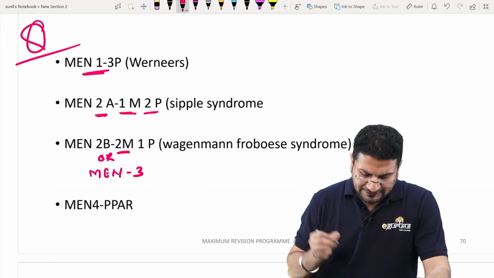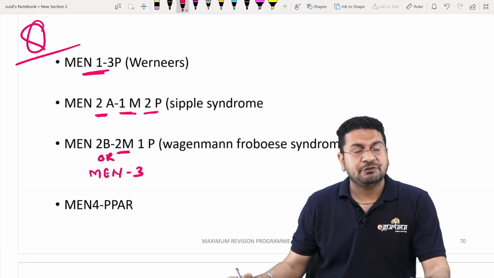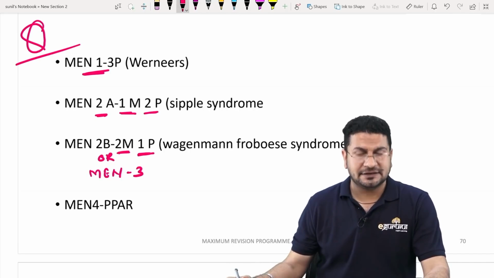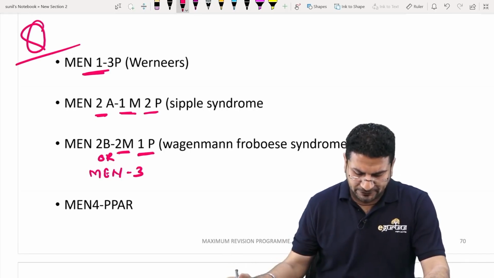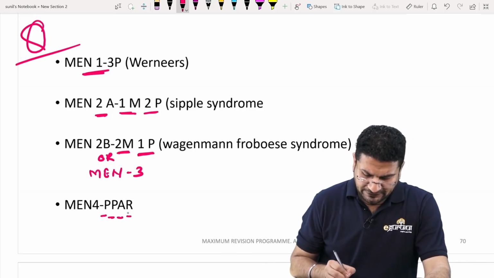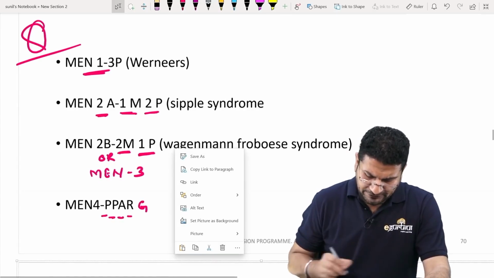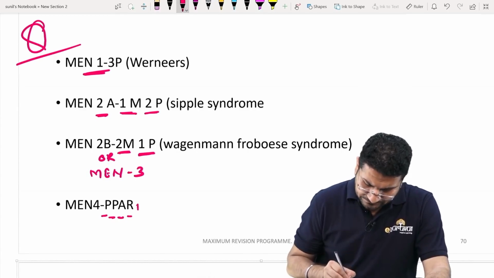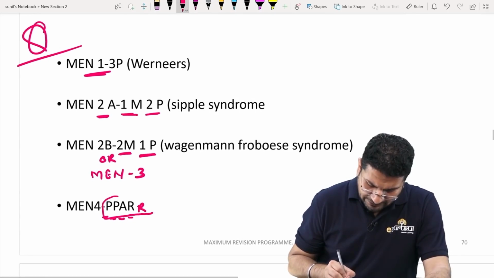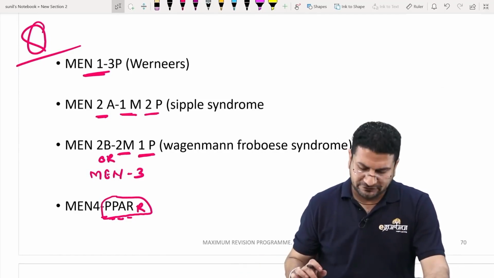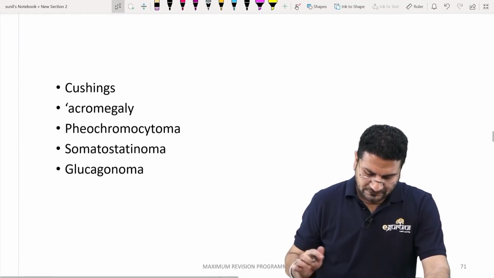In MEN 2B there will be medullary carcinoma of thyroid, 2M, Marfanoid habitus, and pheochromocytoma. MEN 4 means there will be pituitary, parathyroid, adrenal, renal, and reproductive tumors. So remember, PPARR: pituitary, parathyroid, adrenal, renal, and reproductive tumor. This will be part of MEN 4 syndrome.